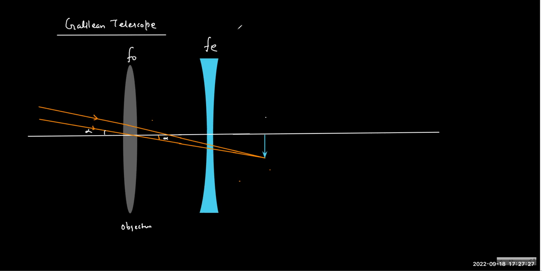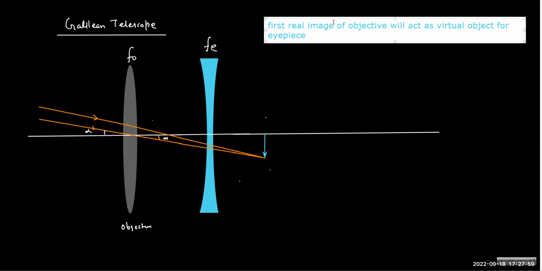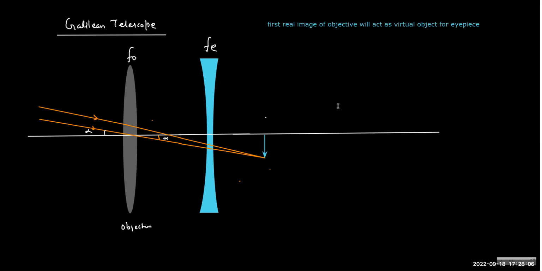I'll write it in words: first real image of objective will act as a virtual object for the eyepiece. And to represent it as virtual, I'll make it.